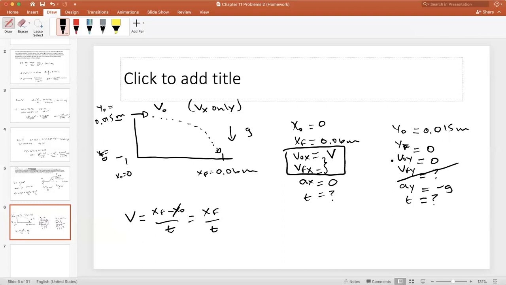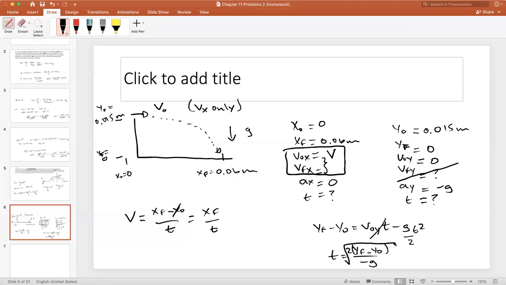This v initial of y being 0 tells us that we should immediately use y initial minus y final is v naught of y times t minus g over 2 t squared. This is 0, and therefore, solving this for t, we get that t is equal to the square root of y final minus y initial times 2 over negative g.